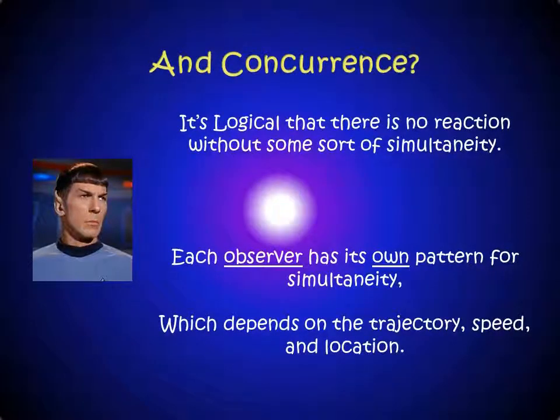We also have to look at something I call concurrence. There is no reaction of any type without some type of simultaneity. There can't be. Things have to interact, and that means simultaneity. There's no way out of that. Yet each observer has his own pattern, and that depends on his trajectory, his speed, and his location.